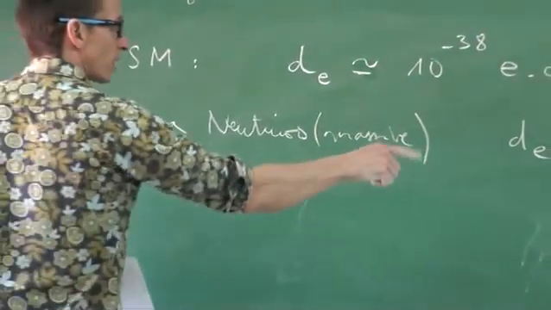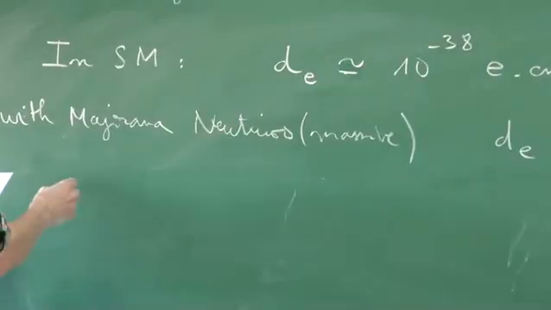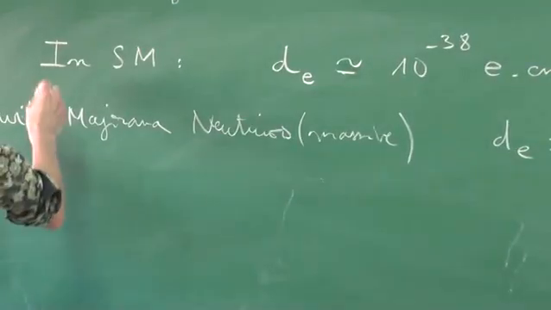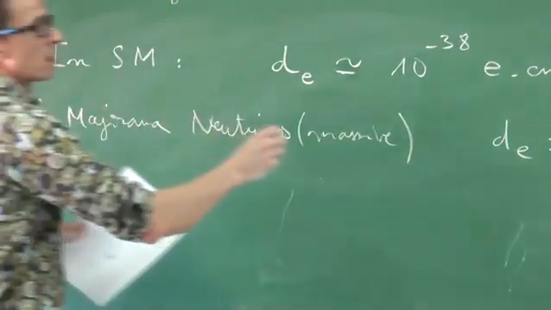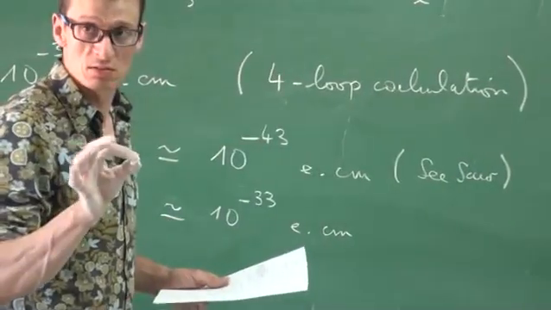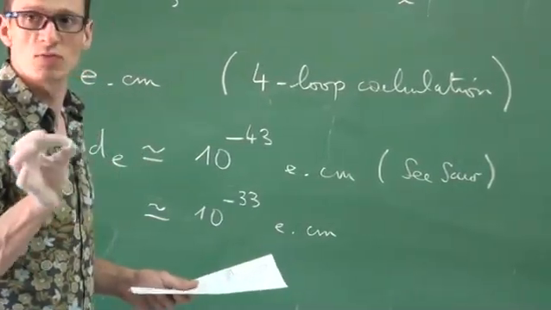Well, I will give references for this. So, the standard model calculation, this four-loop calculation, has been computed correctly. I mean, the three-loop one was not correct.